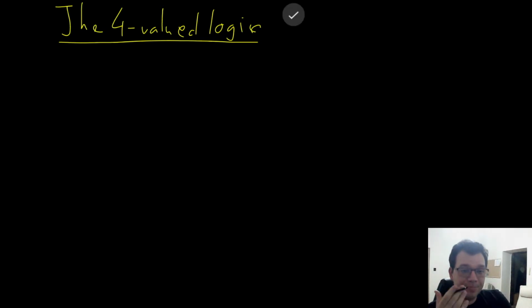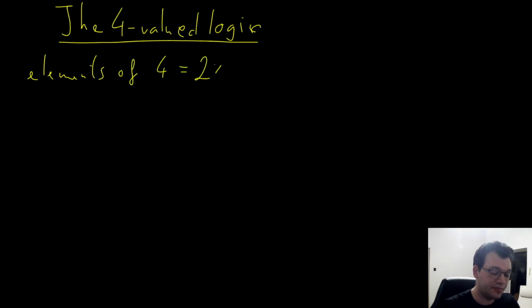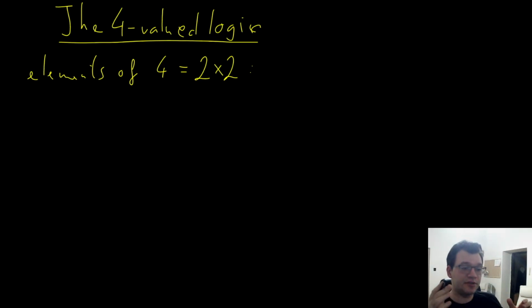So basically we have the elements of, well, 4 is just 2 times 2. This means that they are pairs, and on each coordinate you will have an element of the poset 2, which means you have the first coordinate set either to 0 or 1, and the second coordinate also set either to 0 or 1.